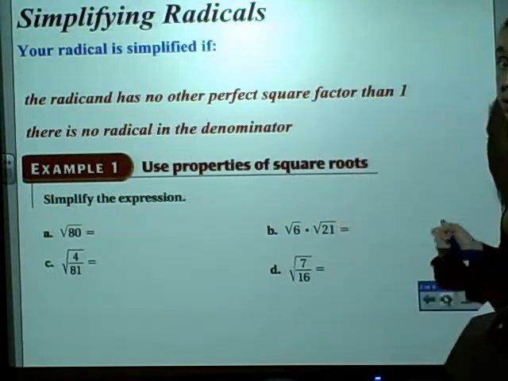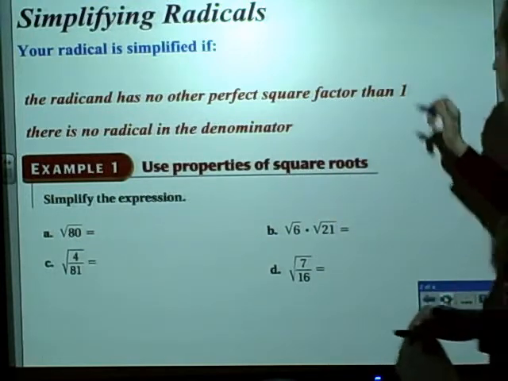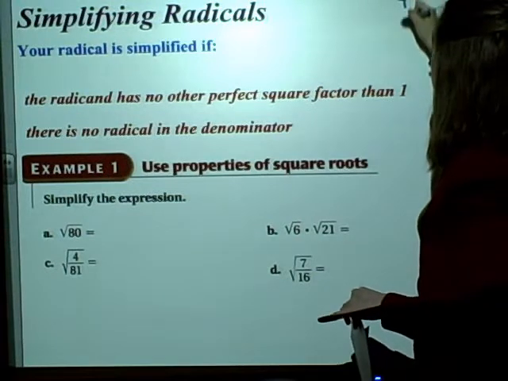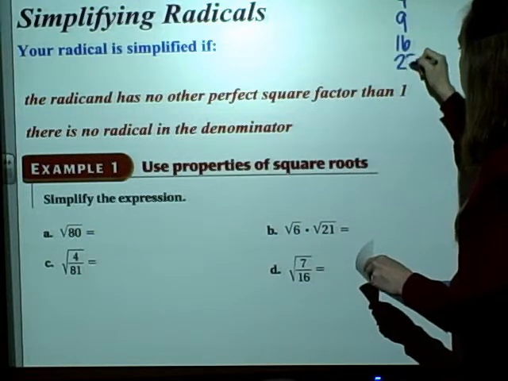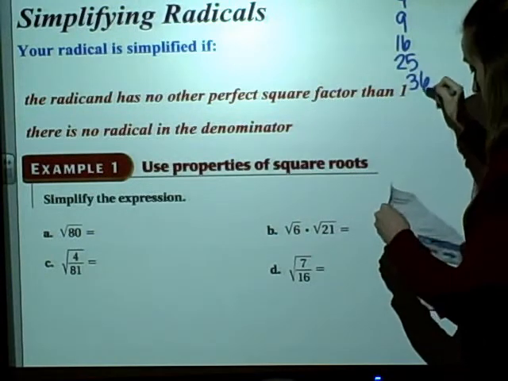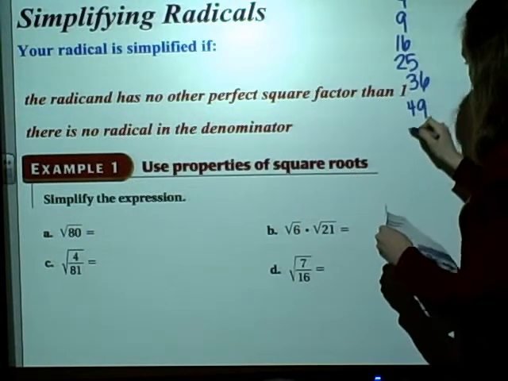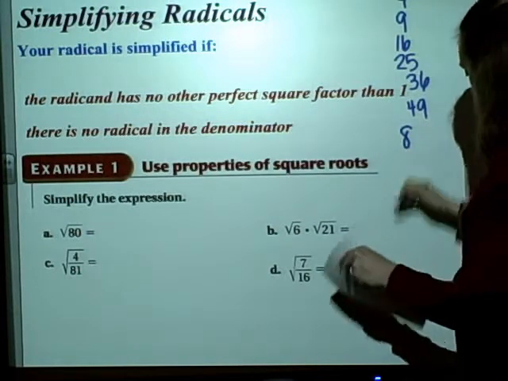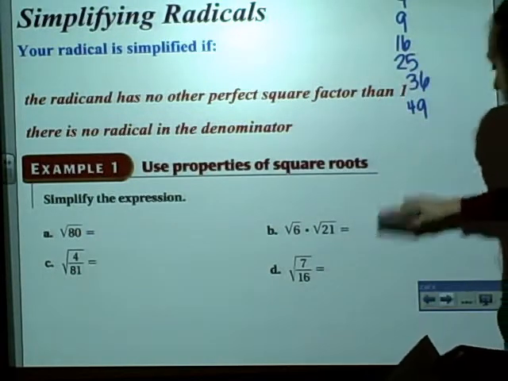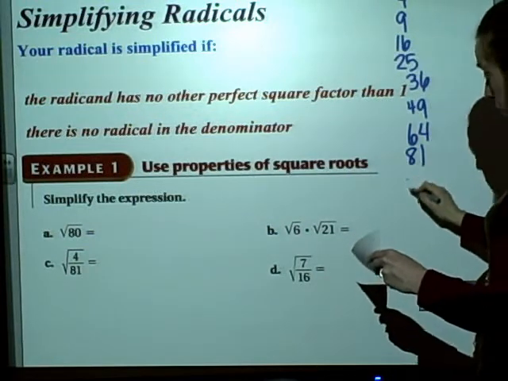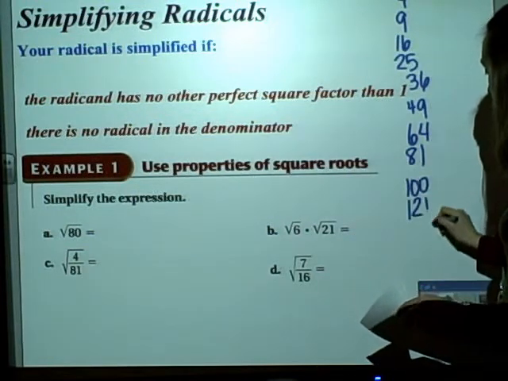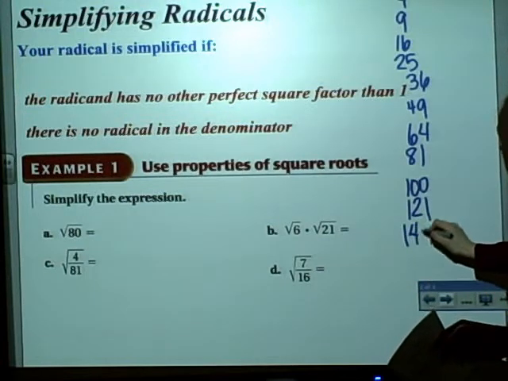So what I would do is I would start with 2 squared and just write it down on your paper. We would write 4, 9, 16, 25, 36, 49, oh, we forgot 64, 64, 81, 100, 121, and so on and so forth.